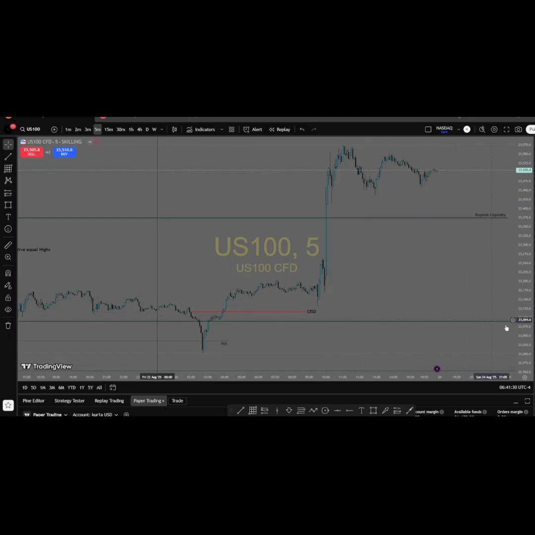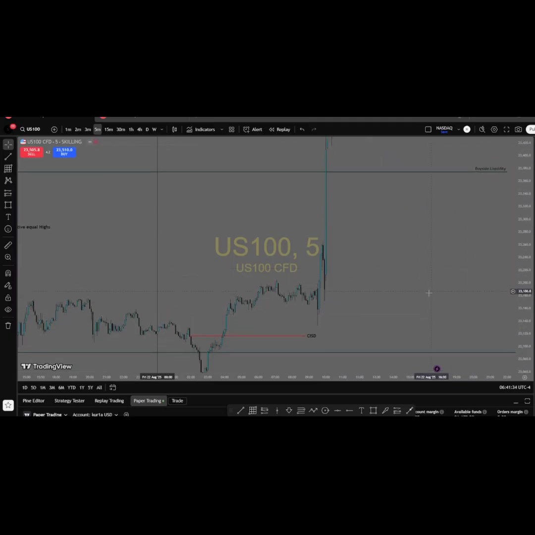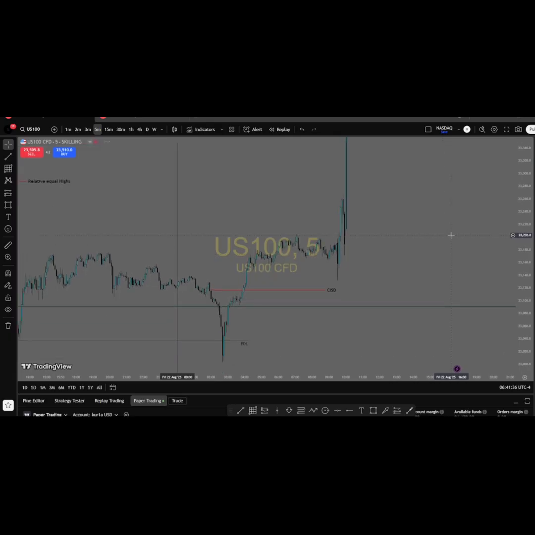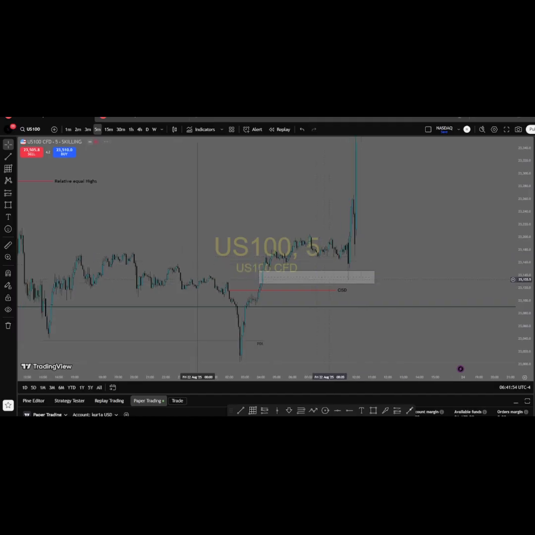So once I noticed that I had possibly been left by this trade, what I did was I came and marked this fair value gap right here, that one right there above the change in state of delivery. So I wanted to enter anywhere that price would tap that fair value gap.